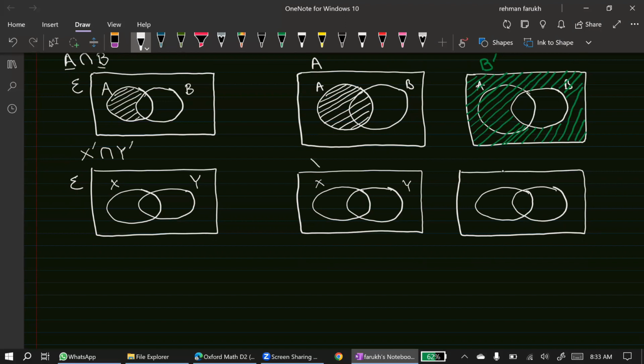In the first diagram, we will shade the region X dash, that is the region which is not in X, other than X. The region except for X, including the Y portion and the rest of the universal set.